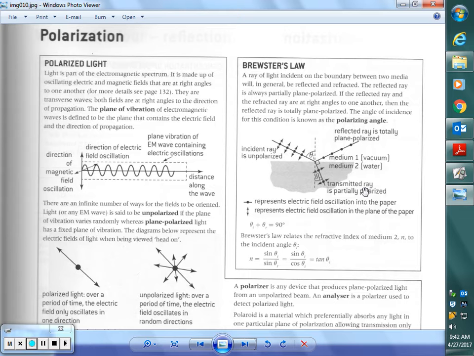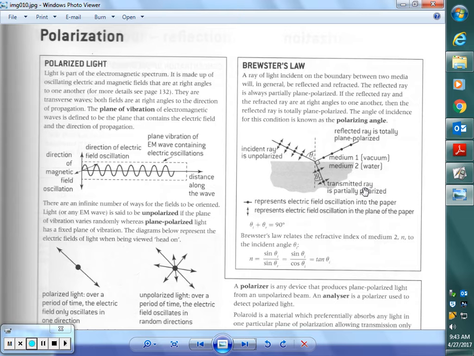But any line in the YZ plane is also perpendicular to the x-axis. Does that make sense, when I phrase it that way? So when we have all of these waves that are vibrating all perpendicular to the direction of wave propagation, or the wave ray, that's what we call unpolarized light.